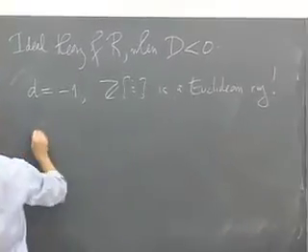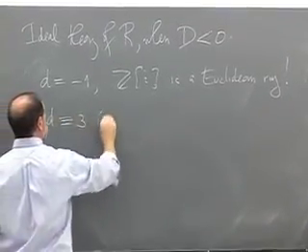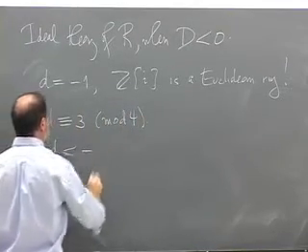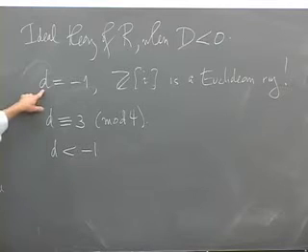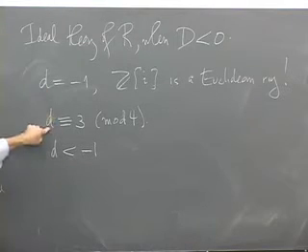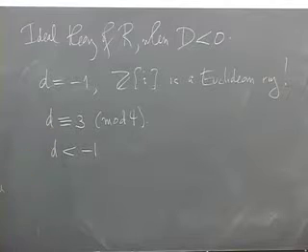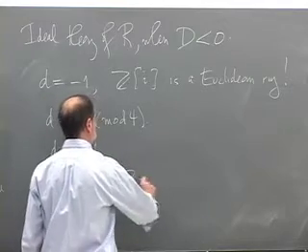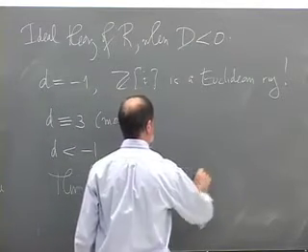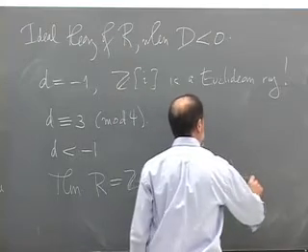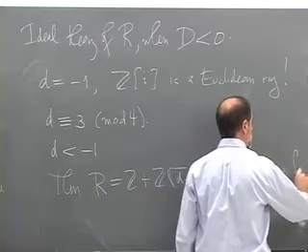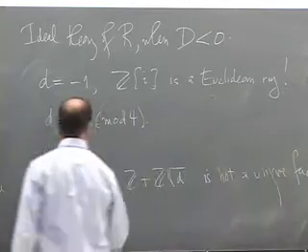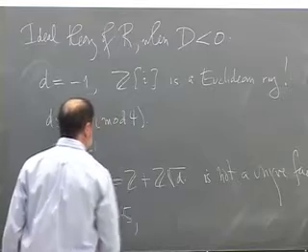However, I claim that if D is 3 mod 4 and D is less than minus 1, namely for all the other cases which are negative, where D is congruent to 3 mod 4, I claim then R, which is Z plus Z root D, is not a unique factorization domain. For example, we saw this for D equal to minus 5.